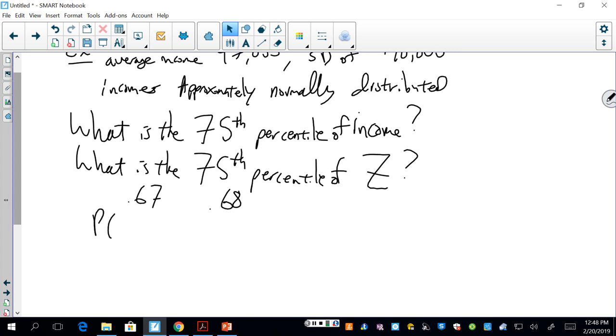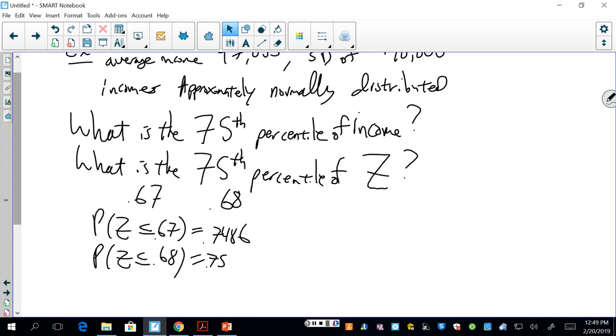So the probability that z is less than or equal to 0.67 is 0.7486. And the probability that z is less than or equal to 0.68 is a little bit more than that, 0.7517. So it's somewhere in the middle of those.